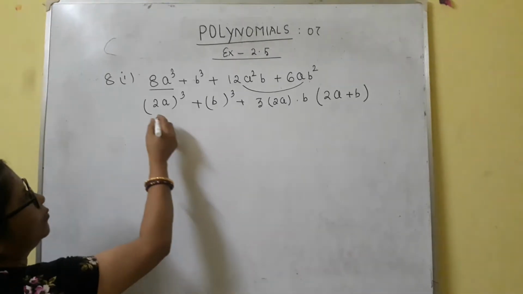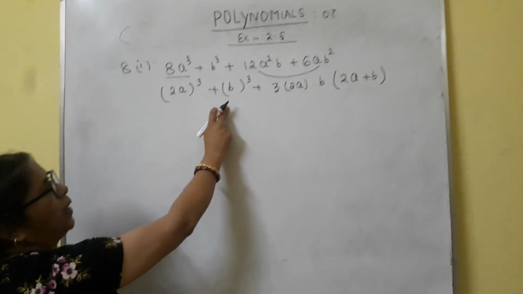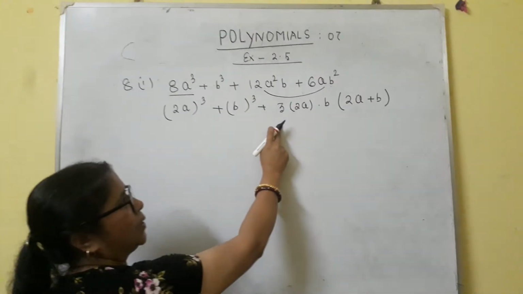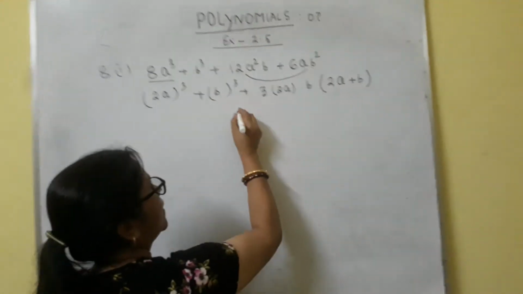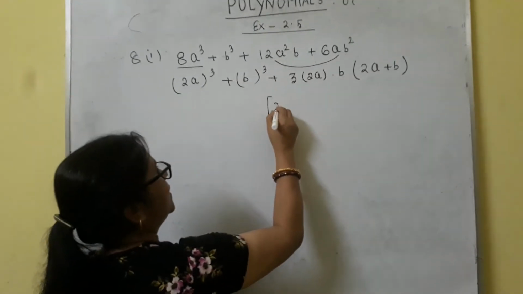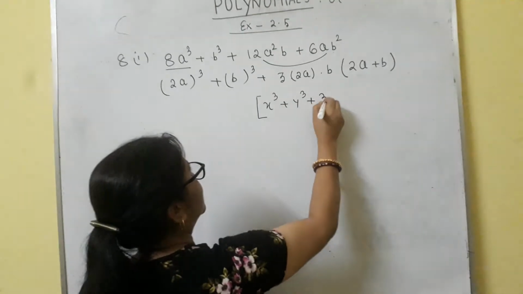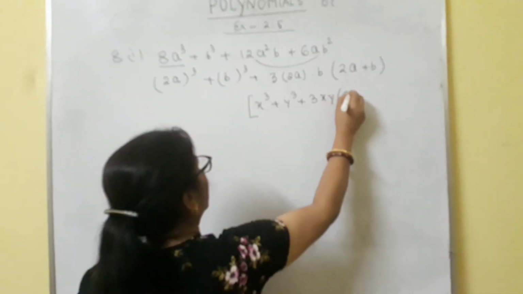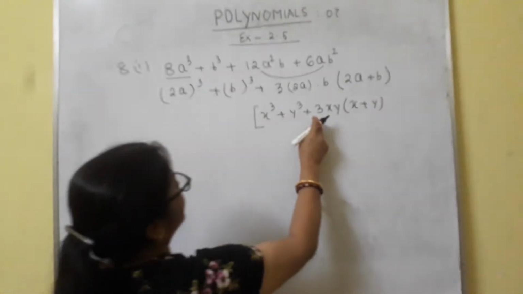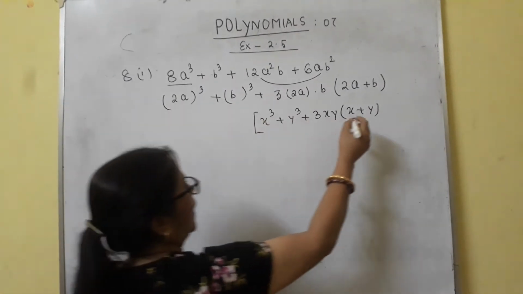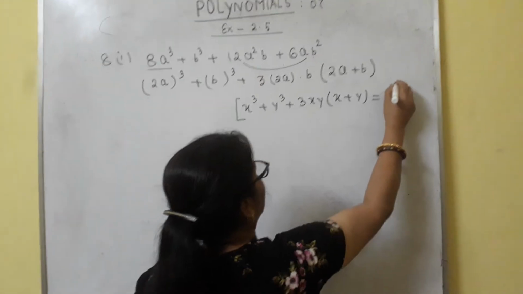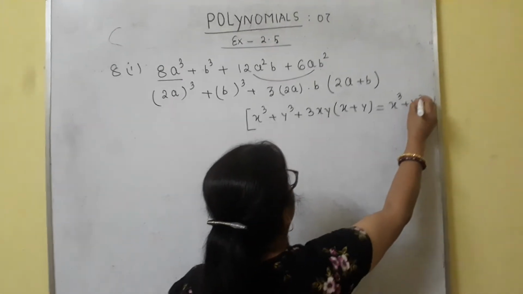That means it is in the form of x cube plus y cube plus 3xy into x plus y. We are using this identity, and we are replacing it by x plus y whole cube.